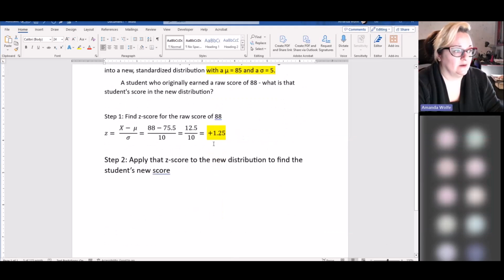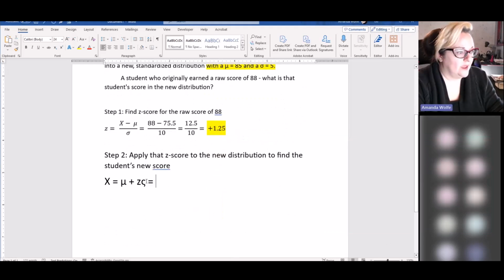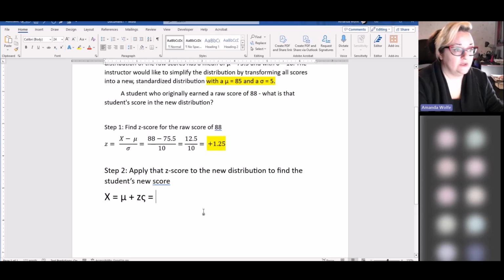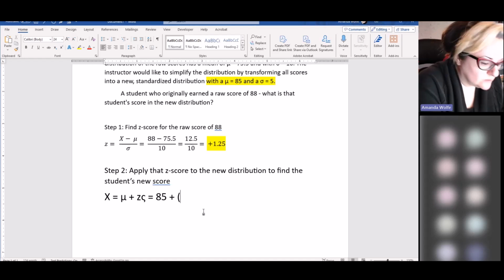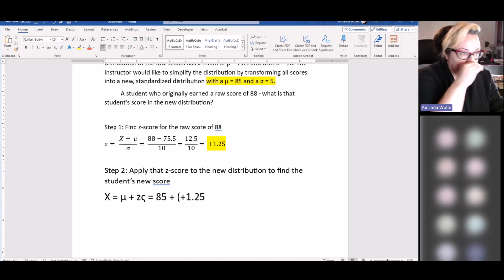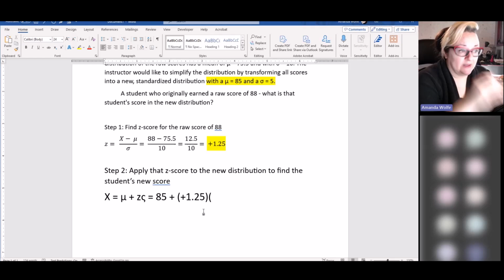I'm going to copy our other formula, and what we've got again to plug and play are that new distribution the professor wanted was going to have an average of 85. The z-score we just found, so positive 1.25. And we have to multiply that by the new standard deviation, which is 5.